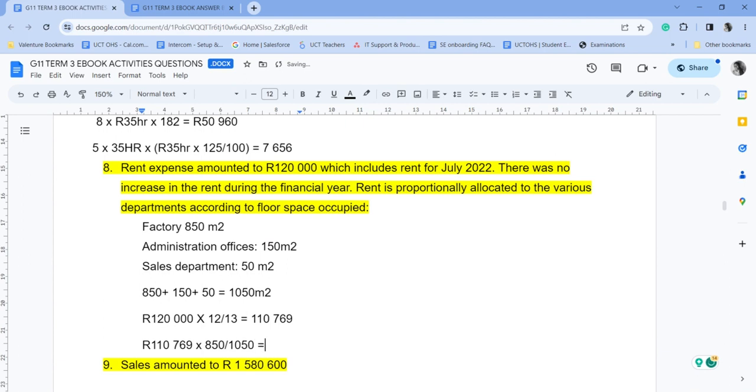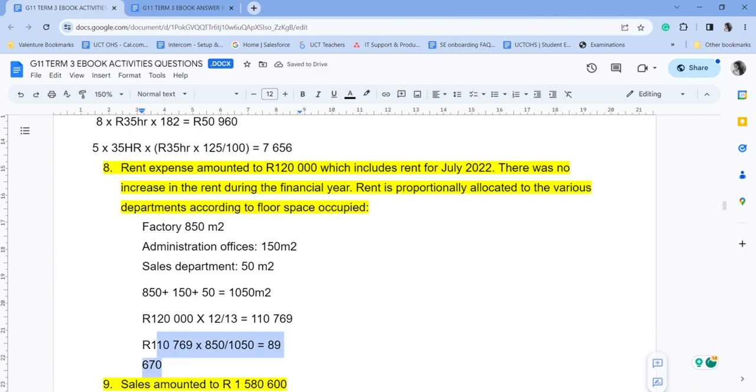Just by doing that in my calculator, my answer multiplied by 850 divided by 1050, I should be able to get 89,670. So this is the factory space.